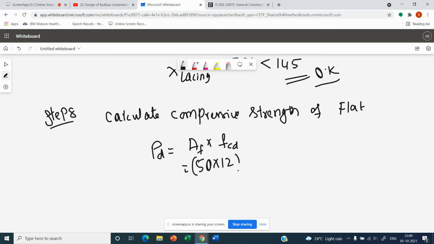Okay, so this is the design compressive strength which we will get using buckling curves. For buckling curves, we should have the ratio KL by r, that is lambda, 115.94, and grade of steel 250.